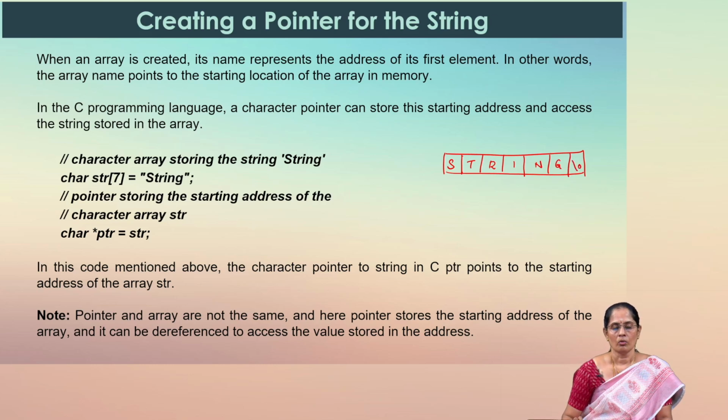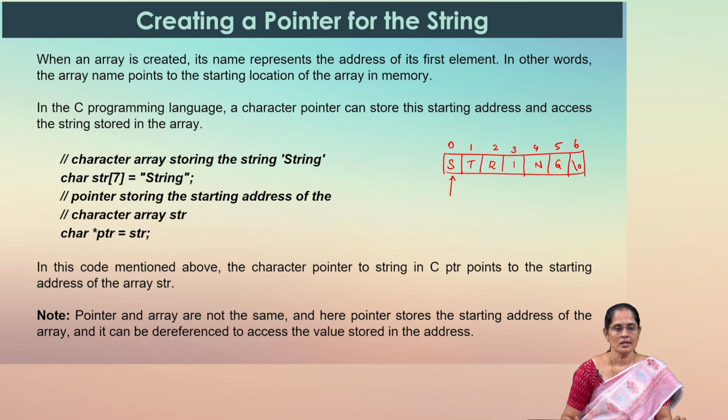This is going to be accessed using the index of the array either from 0 to 6 or from 1 to 7. The first location is going to be the character S.